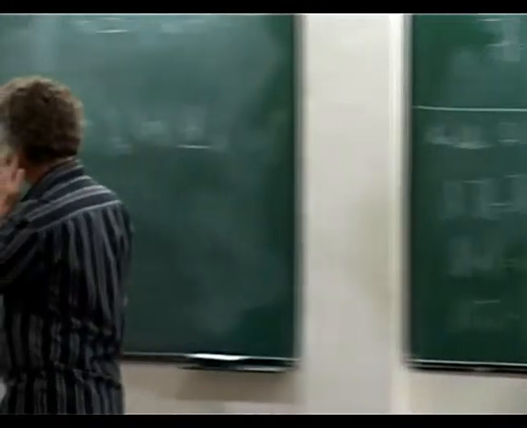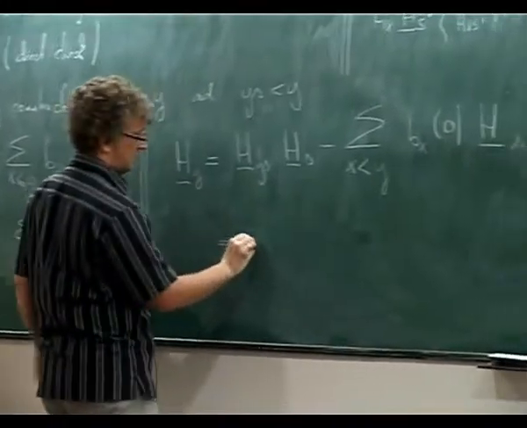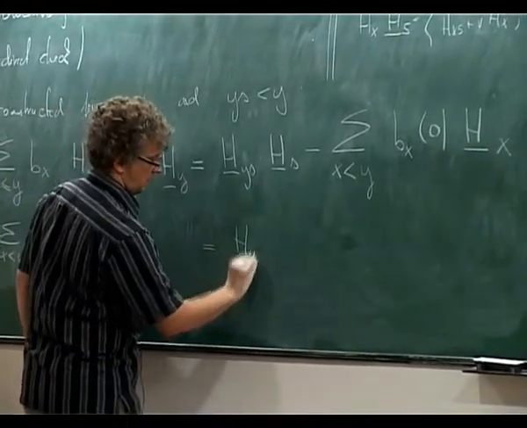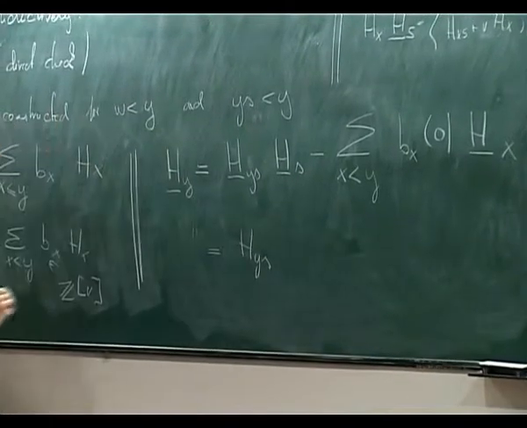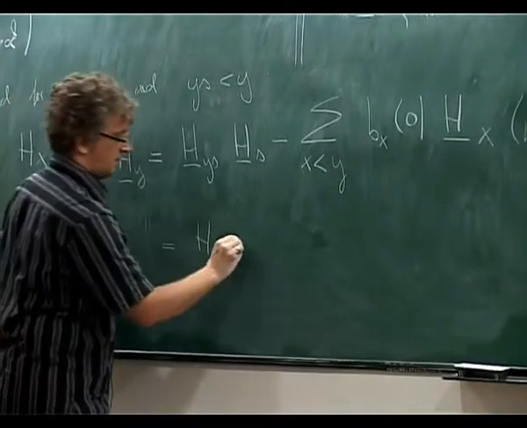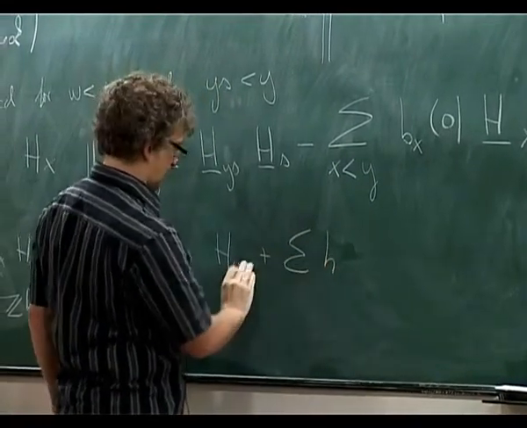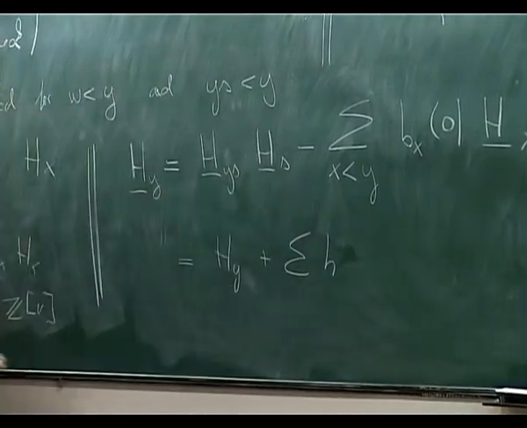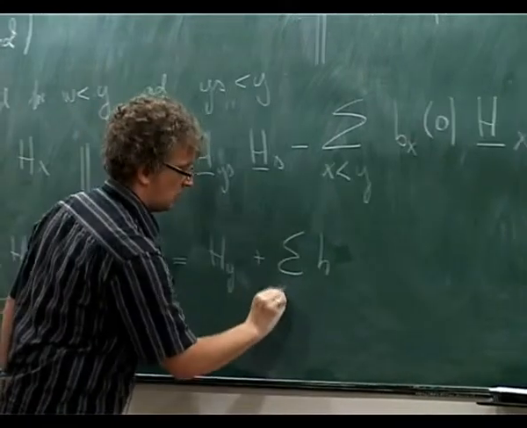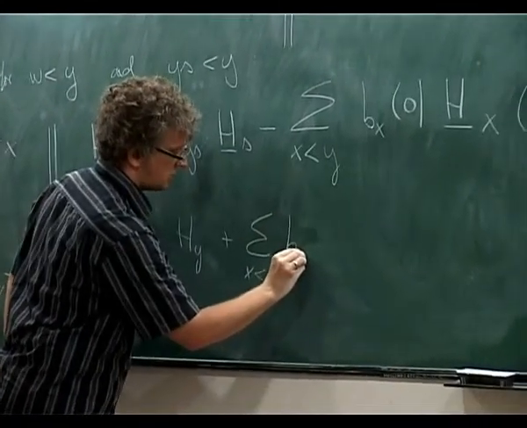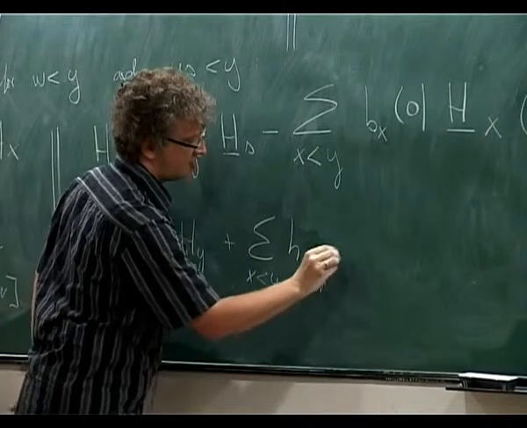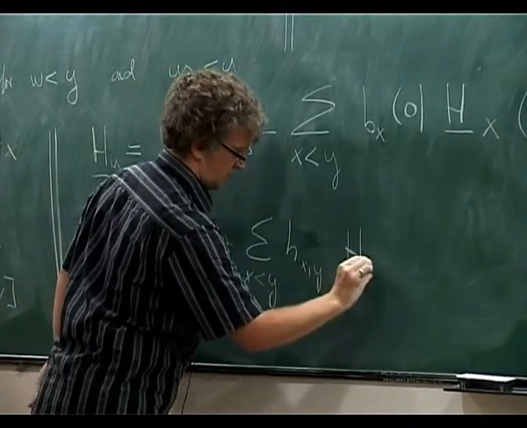So you see, now you can write this as h_y s plus, and then here you have h_y plus the sum over x smaller than y of h_x.